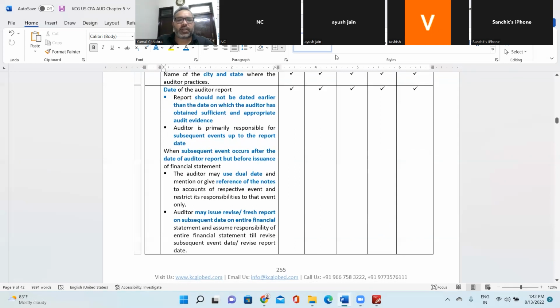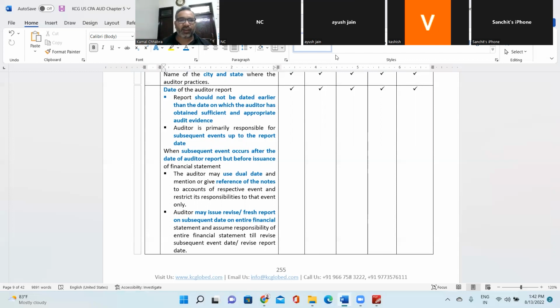So first thing is the report should not be dated earlier than the date on which the auditor has obtained sufficient and appropriate audit evidence. First thing you should be mindful of, you have conducted the audit. Only after that will you reach the conclusion, and once you have concluded, only after that will you be signing. So it should not be that the audit is on the way and you are signing the report.